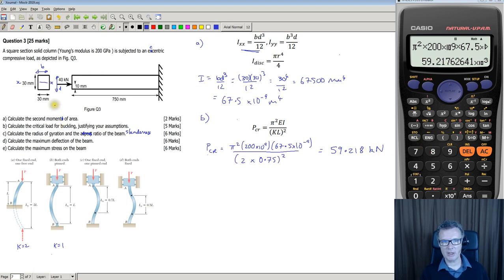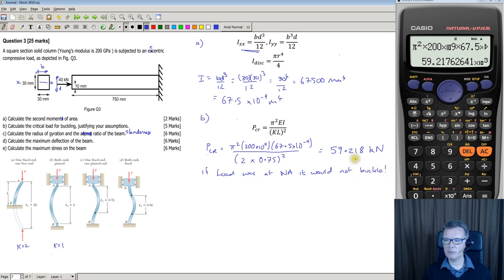kilonewtons. Now let's compare that to the load being applied. The load being applied is 40. The critical load when it will buckle, if you apply that load in the middle, is 59. So I suppose we could make a statement along the lines of: if the load was at the neutral axis or the centroid, it would not buckle.